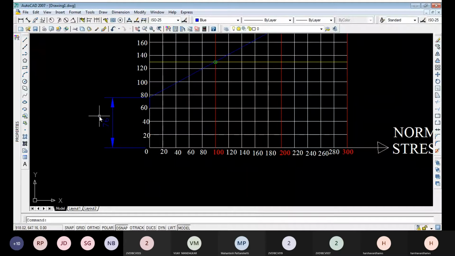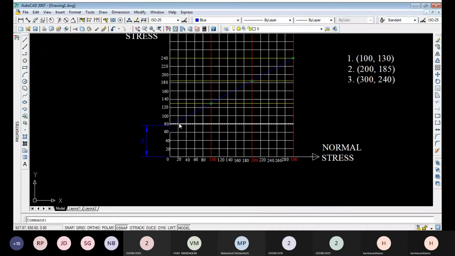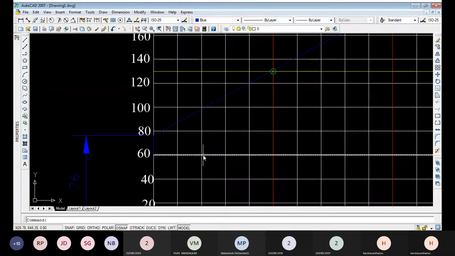Sorry, y-intercept, that is cohesion. Value is 76. Now I'll measure the angle.